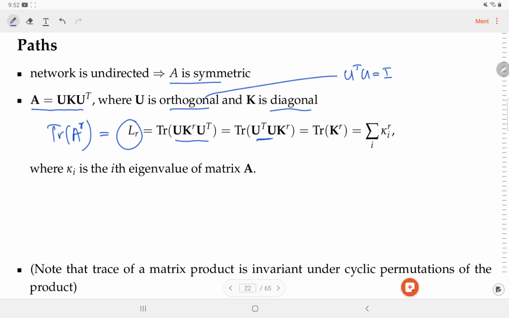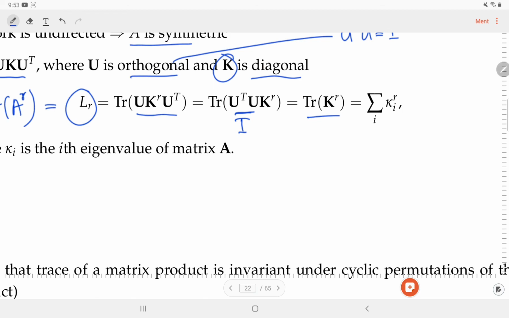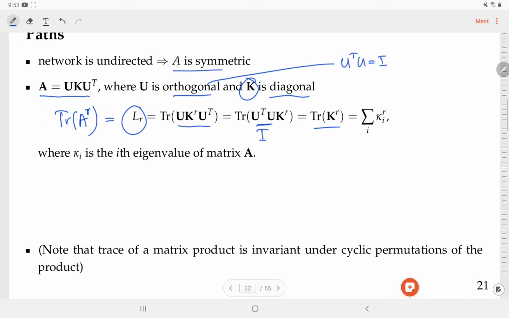Then we can even rearrange the multiplication inside the trace function, and so this is going to be the identity matrix, and this means that we need to calculate the trace of the matrix K raised to the power of r. Apparently it turns out that K in this decomposition is a matrix in which the diagonal elements are equal to the eigenvalues of the matrix A.